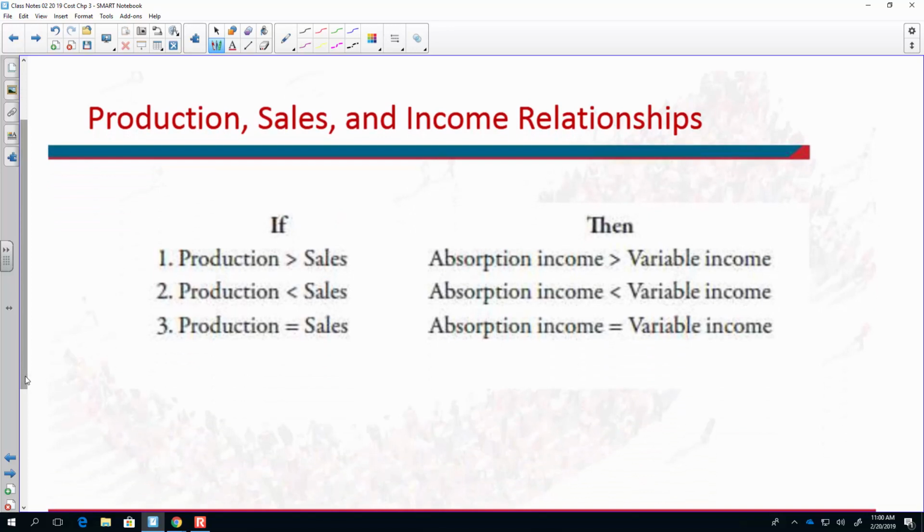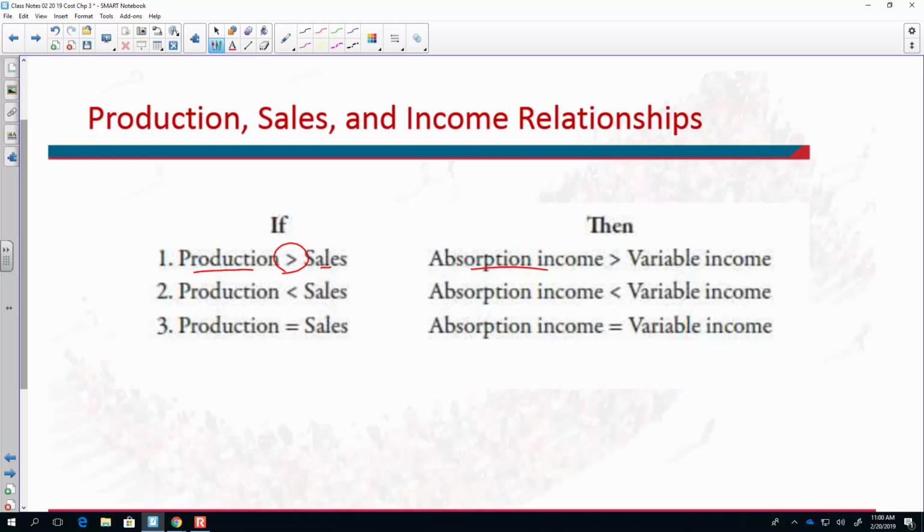We talked about this on Monday already, right? You need to know which income statement will produce the higher income level based on production versus sales. So when we produce more than sales, absorption is larger, because we're holding that cost in inventory.